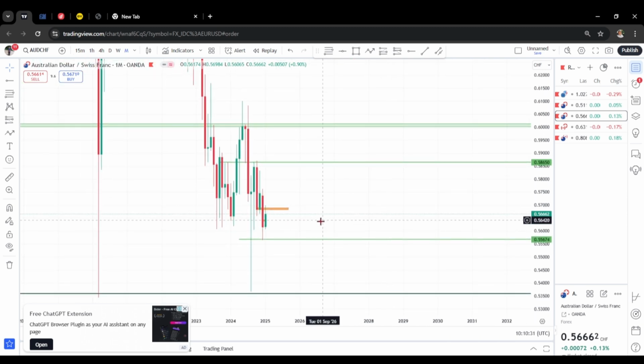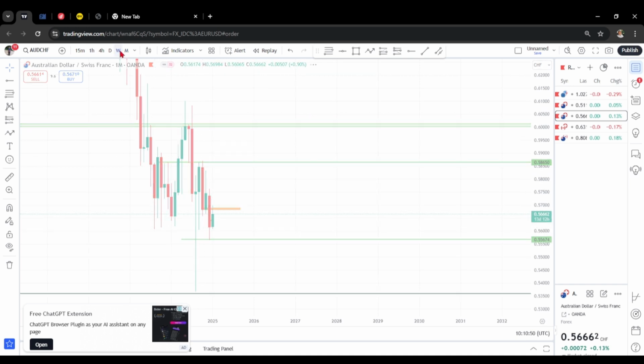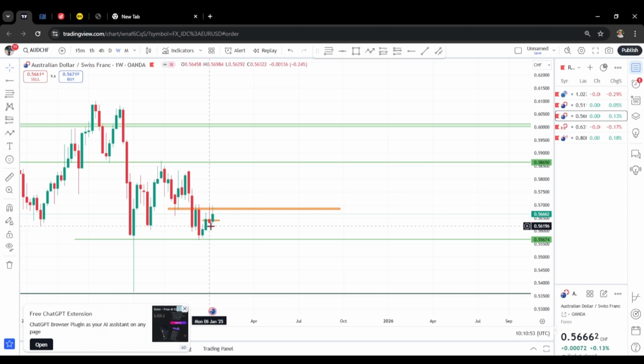If you scale up to a higher time frame, you see that the market is already in a bearish trend. This is a bearish trend. This is a very big engulfing candle the market broke out from, a bearish engulfing candle.